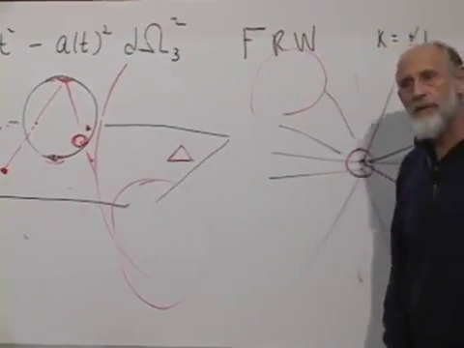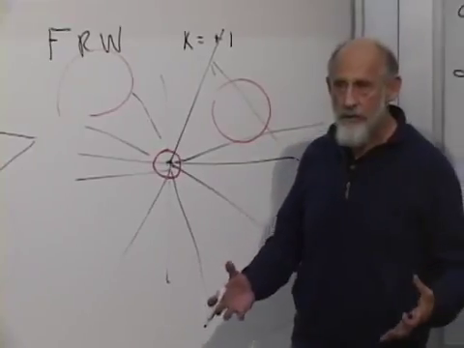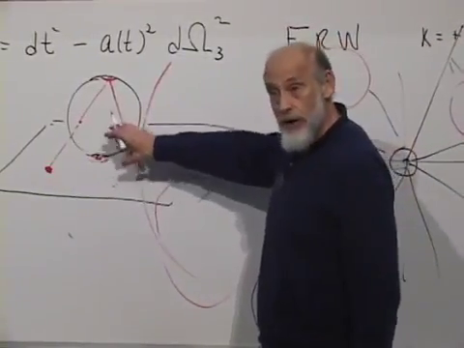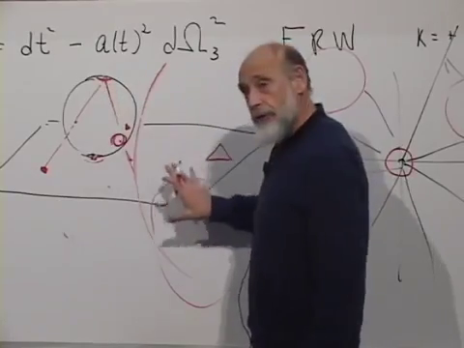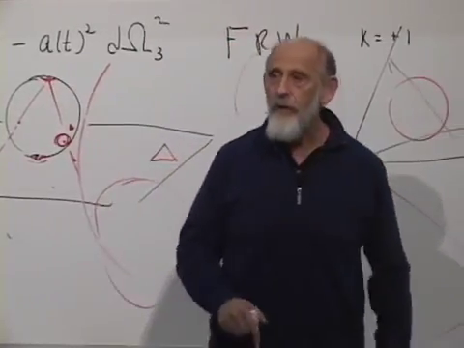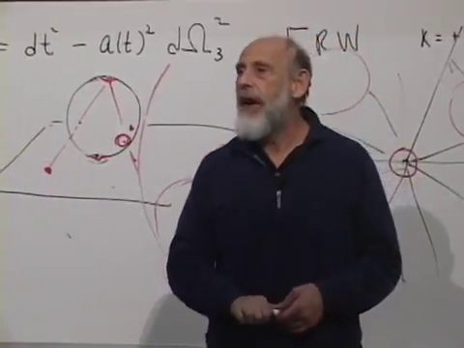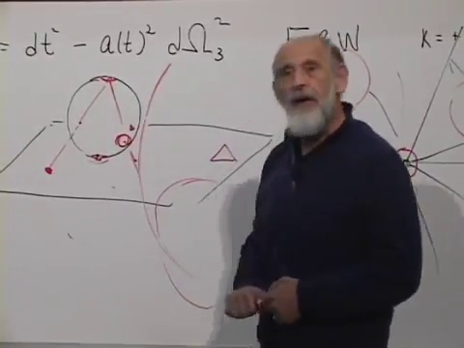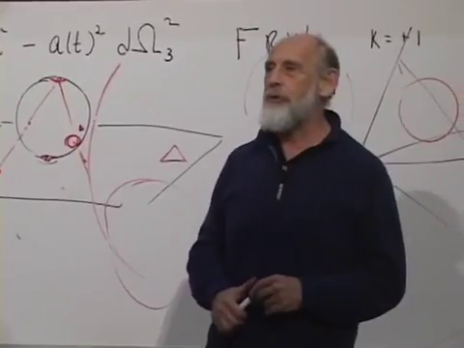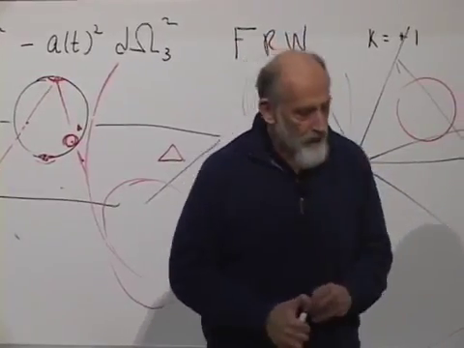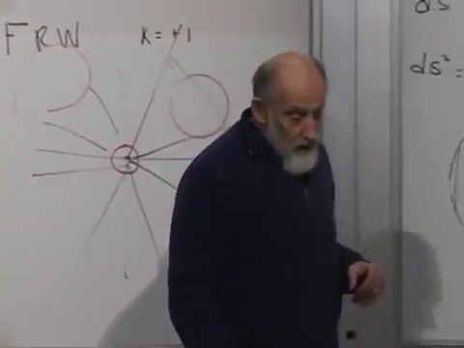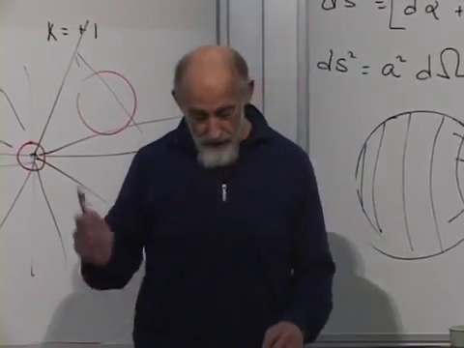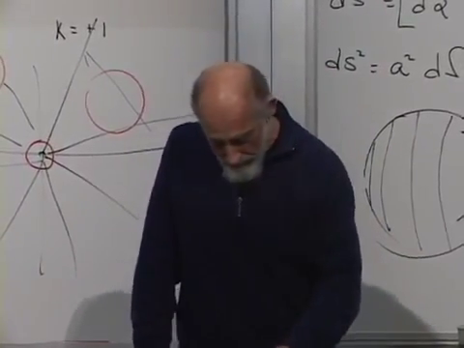Same shape means same ratio of sides and so forth. So this is shape preserving, at least for small shapes. Angles are preserved. There's a word for angle preserving: conformal. This is a conformal mapping. Not all conformal mappings preserve circles, incidentally, but this one does.